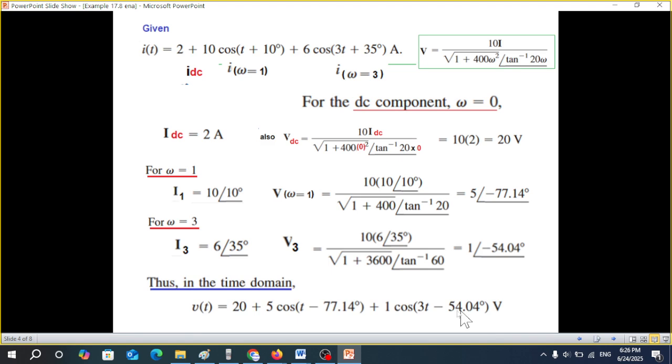So in time domain, our voltage now will be the DC voltage 20, this AC voltage magnitude and phase angle. So we'll write it cosine, and this was for omega is equal to 1, so 1t minus this angle. Then the second part is magnitude 1 cosine. This was for 3t, so 3t minus this angle.